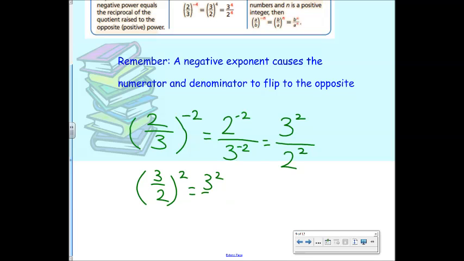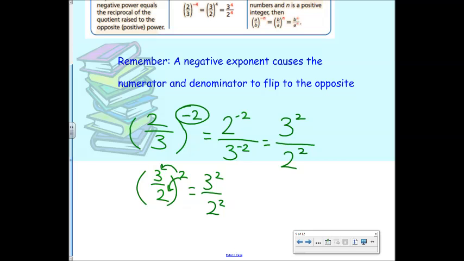But if it's a negative exponent, this inside here flips, and then you distribute it. So 2/3 becomes 3/2, and then the 2 gets distributed to both the 3 and the 2. Which 2 becomes positive? The exponent 2 becomes positive, exactly. Because the whole point of having a negative exponent and moving it is that the exponent's no longer negative.